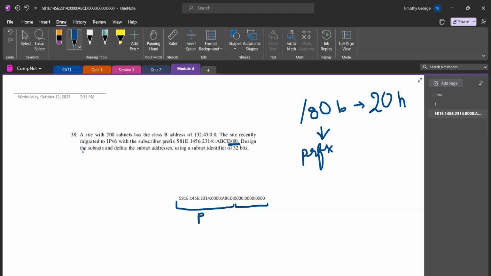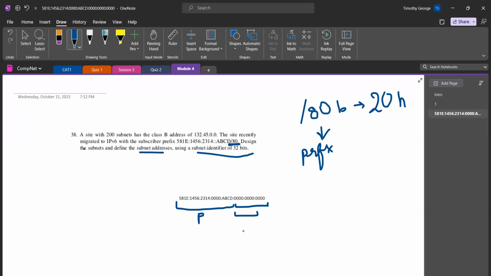Now we're saying design the subnets and define subnet addresses using a subnet identifier of 32 bits. So they're asking us, we can see this is 4, 8, 12, 12 into 4, 48. So this is 48, so 32 would be this much.